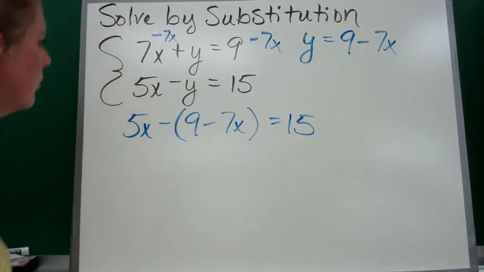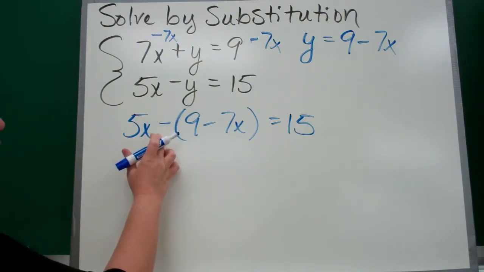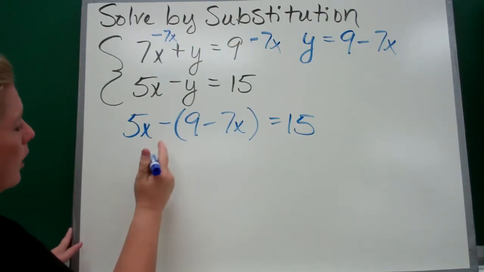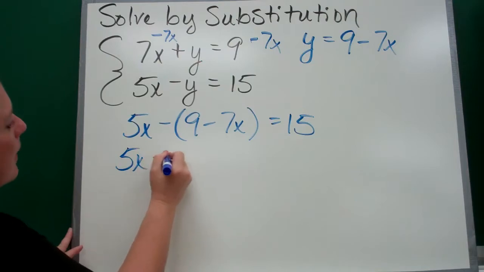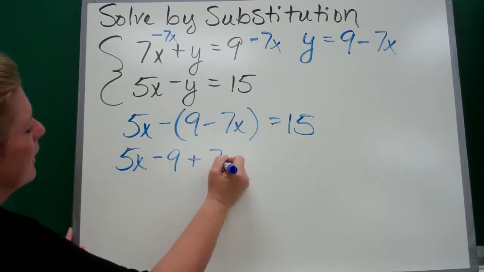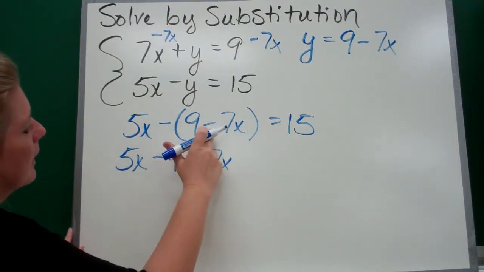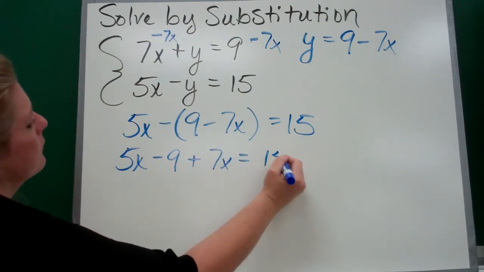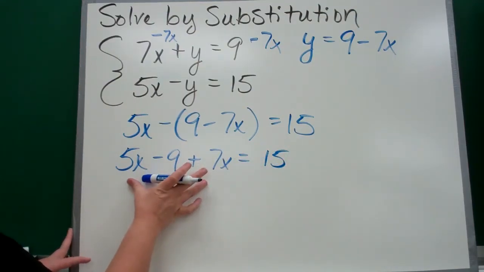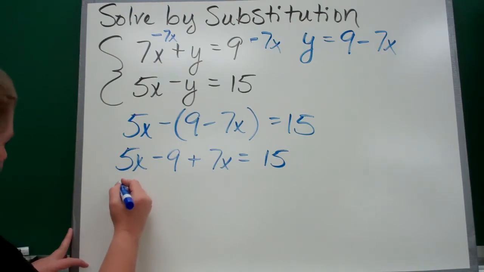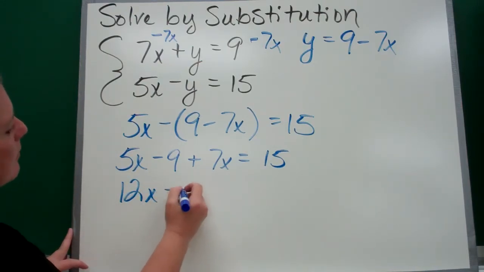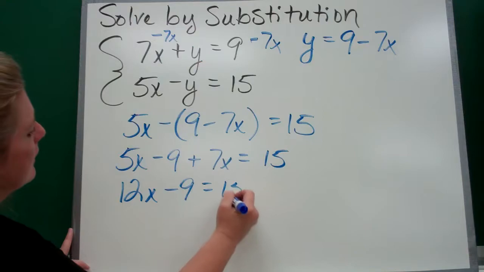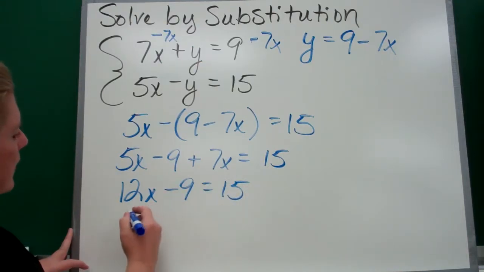And then go through the process, distribute. Now here we have to distribute a negative 1. 5x minus 9 plus 7x, minus a negative becomes a plus, equals 15. Combine your like terms. 12x minus 9 equals 15. Add 9 to both sides.